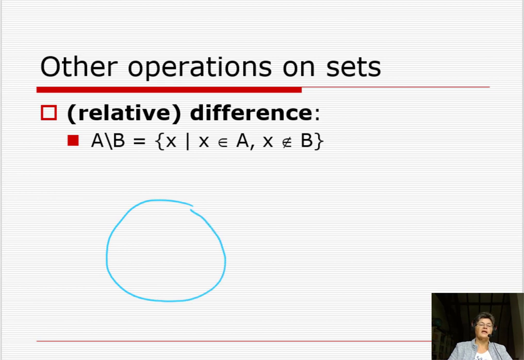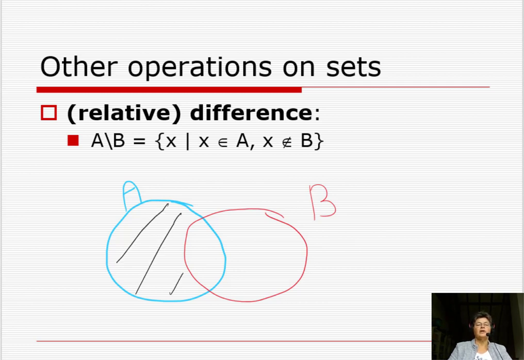If I have a set A, and I will not draw the universe anymore because of my poor rectangle drawing capacity, and I have another set B, then the relative difference of the two are all those elements which are in A, but not in B. So it's the part of A which is not in B. In fact it is set A without the intersection, so A minus B is equivalent with the set A without the intersection.